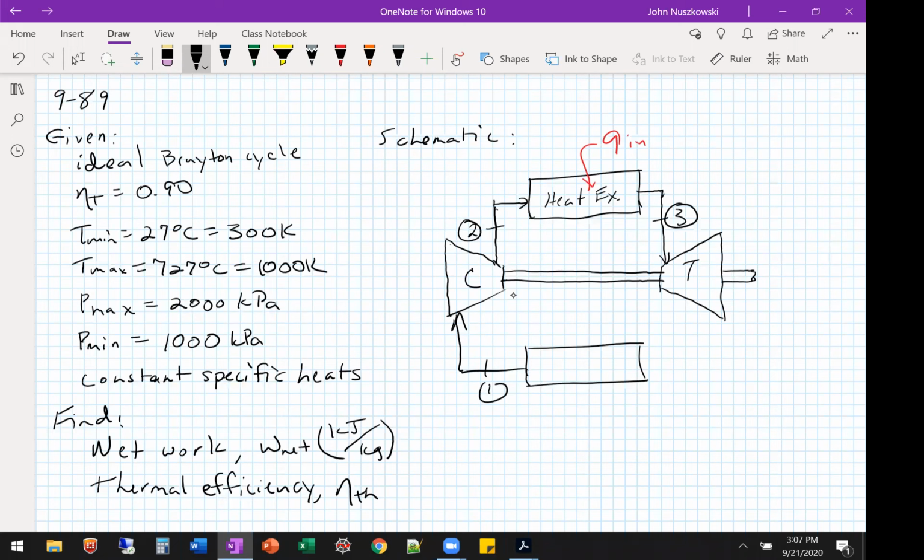Now we expand, dropping the pressure and temperature to 4 here. And then at constant pressure, we reject some heat to get us back to state 1. All right, so we have our heat exchanger and we're rejecting some heat here.